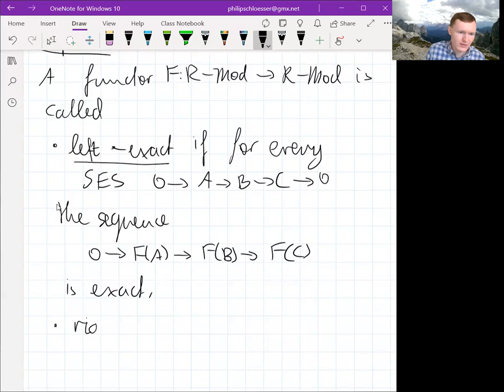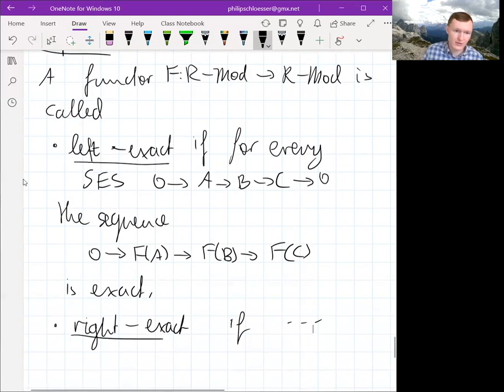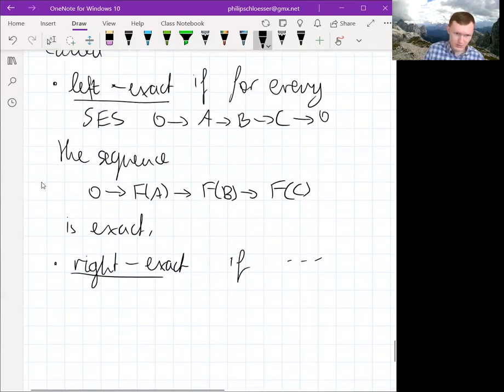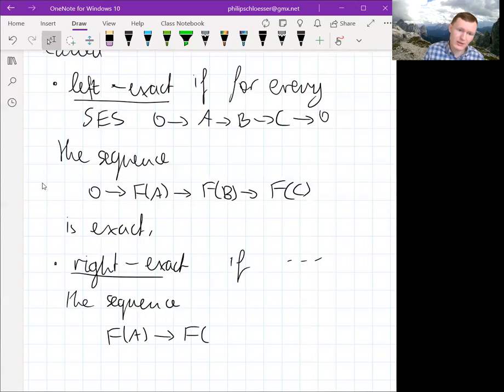Conversely, we call it right exact if, again, for the same short exact sequence, the sequence FA to FB to FC to 0 is exact.